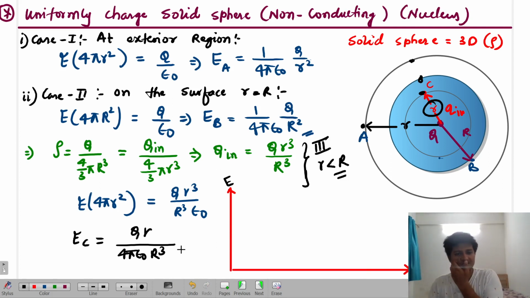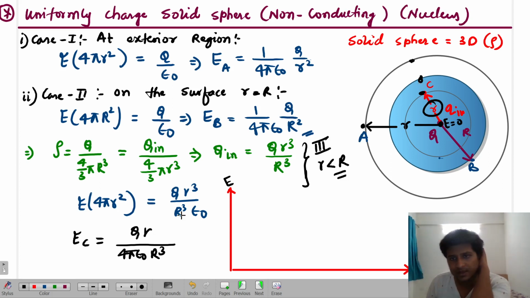okay, now look carefully. So for the inside region, at the center, if r is zero, electric field will be zero, right? And as r is increasing, since E is varying linearly, that means as I am going away from the center till the surface, the electric field is increasing linearly with r.